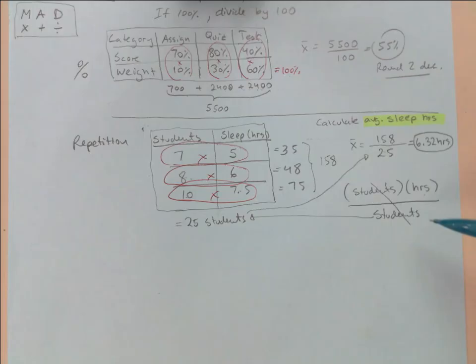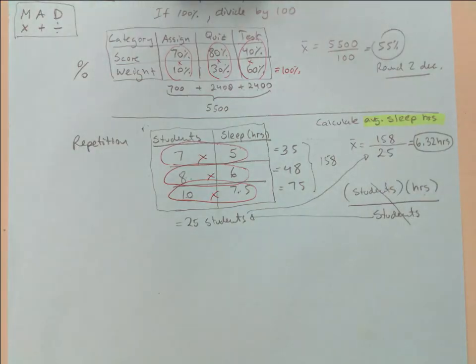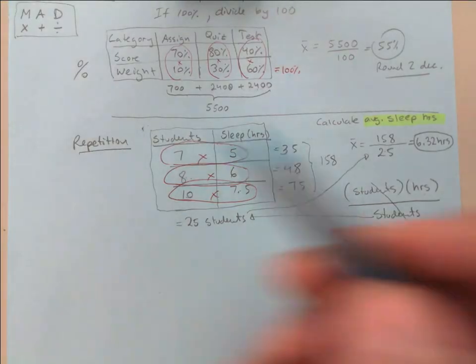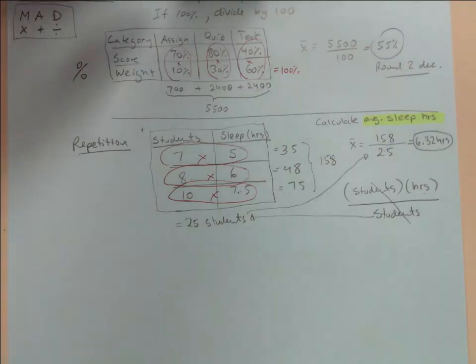So the one you want to get rid of is the one you add up and put in the denominator to cancel out. Okay, so this is weighted mean involving repetition. I can put money down that you're going to have a weighted mean at the end somewhere. So just be prepared for that.